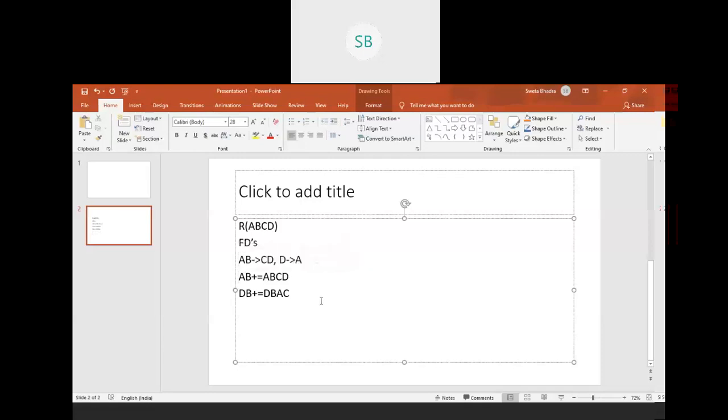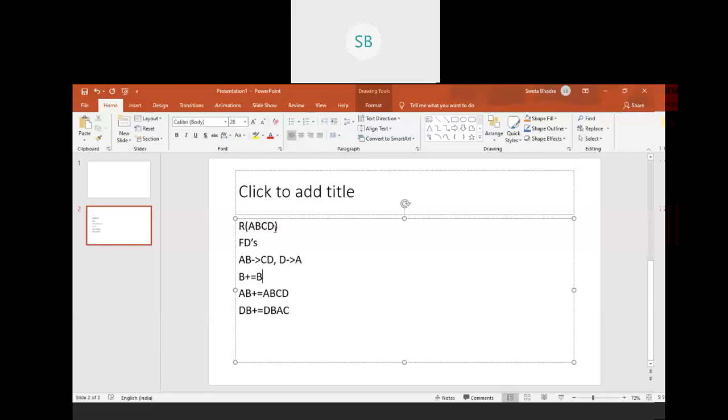So now we know that B will be in the candidate key. But if we add only B to the candidate key, it will determine only B. It won't be able to determine the other attributes.